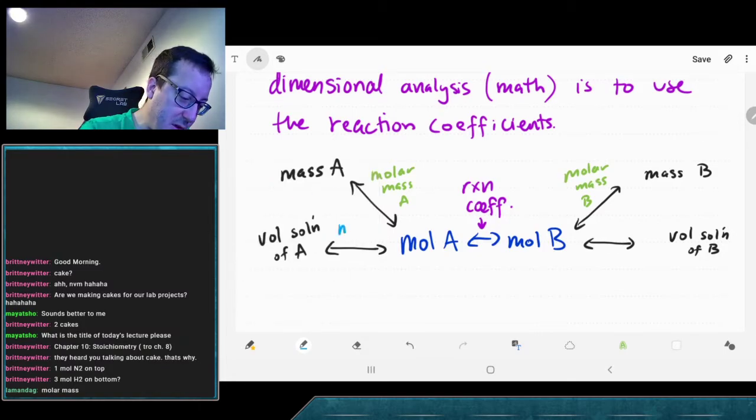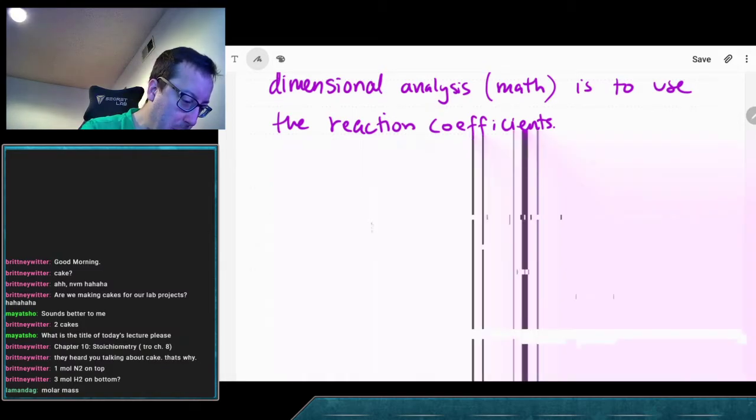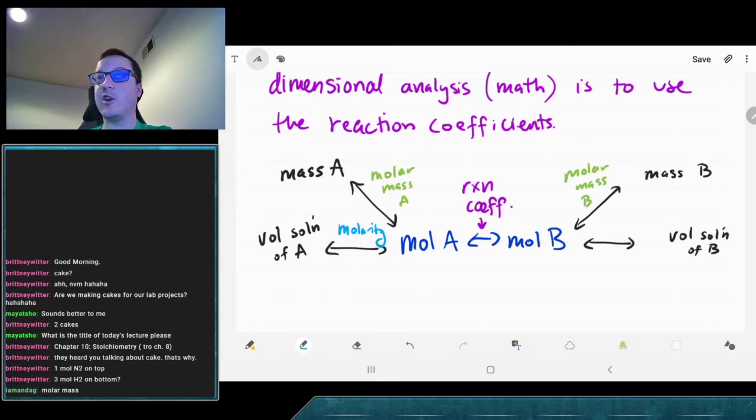This was molarity, right? Molarity is how we could go between a volume of solution and the moles of that, right? That's a concentration term. So how many moles are in that volume? And so molarity would be another conversion factor that we could use to find the volume of solution.